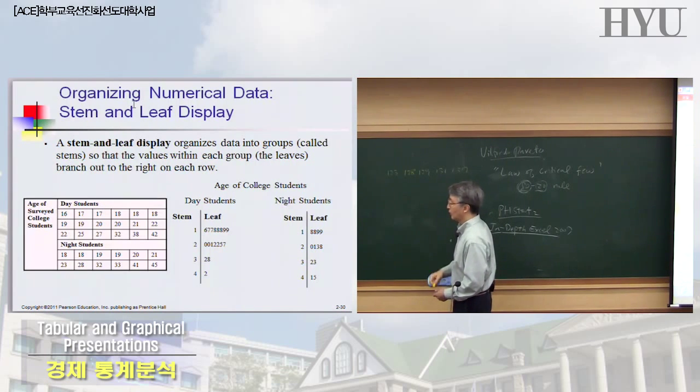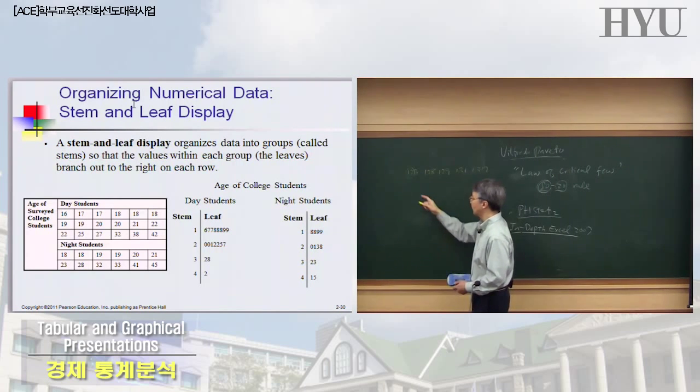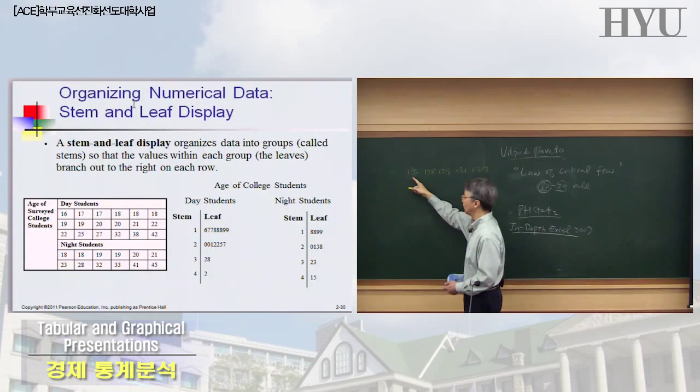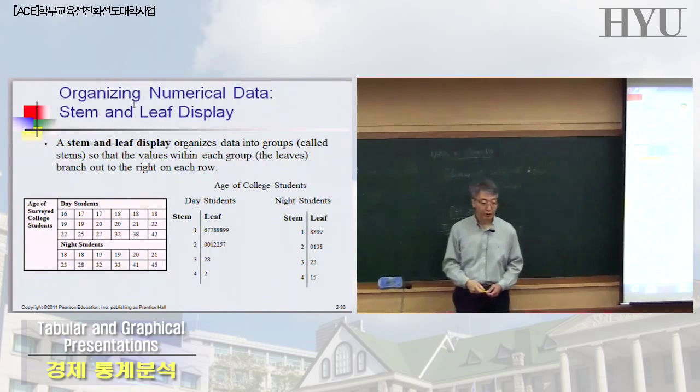You can decide to use the first 2 digits, the 100th digit and 10th digit, as the stem. So 12, 13, 14, and then you can write 3, 8, 9, 1, 7. It's up to you.